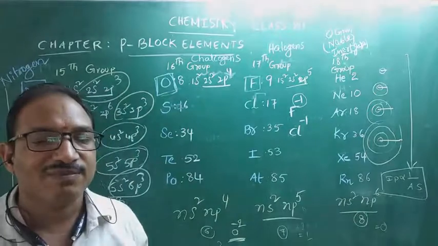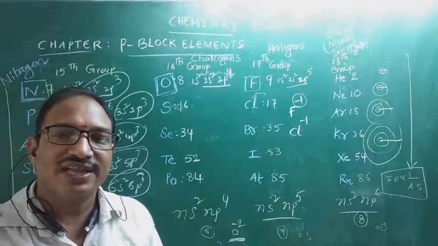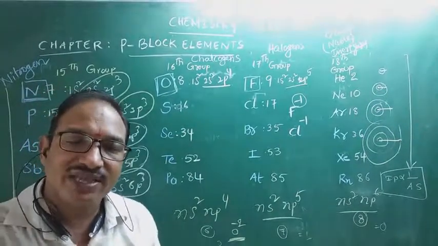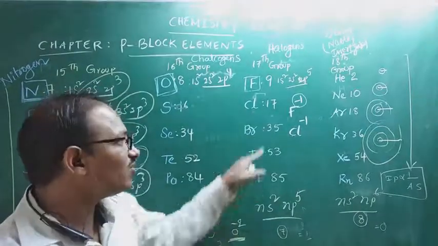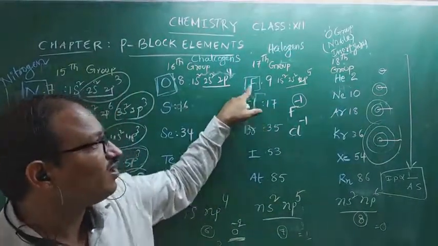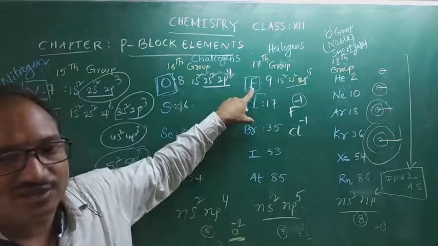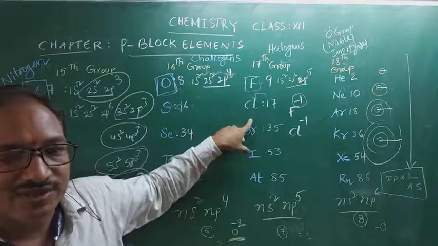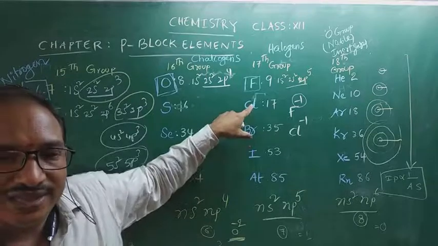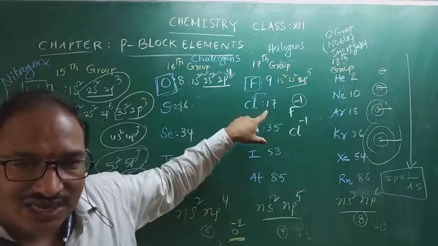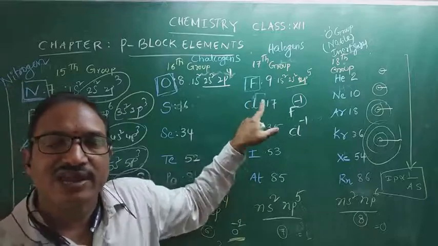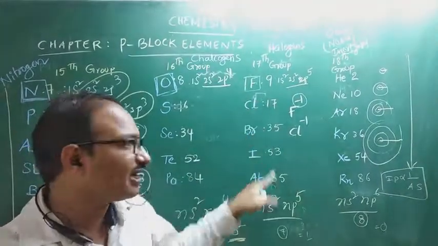Electron gain enthalpy means the amount of energy required or released, or we can say the enthalpy change, when one electron is added to the neutral isolated gaseous atom.